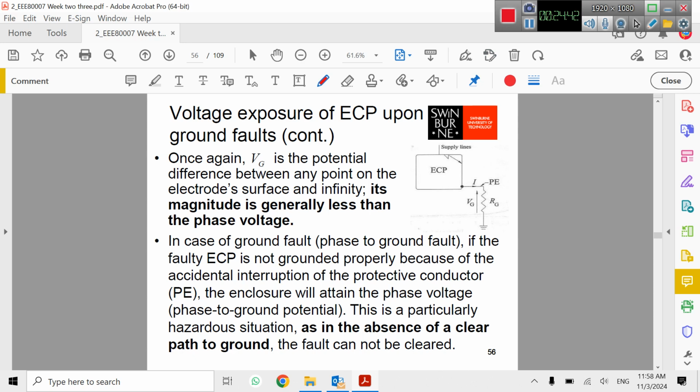In the case that the ECP is not grounded properly, on any touching of the ECP you will be affected by the phase voltage, the phase to ground potential. So this is a practically dangerous situation, as in the absence of a clear path to the ground, the fault cannot be cleared.